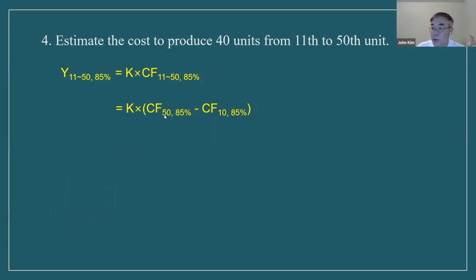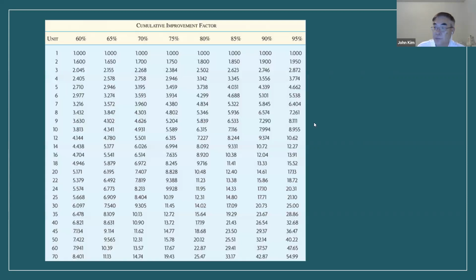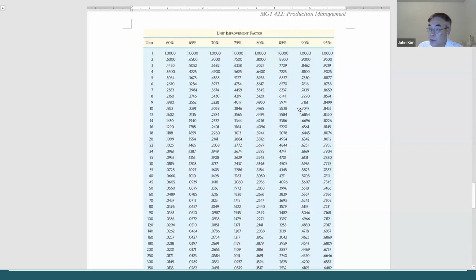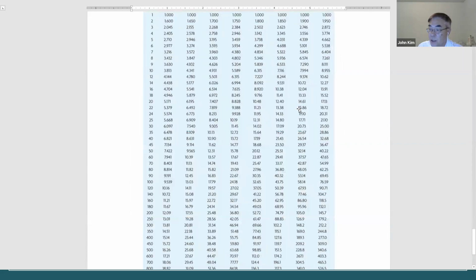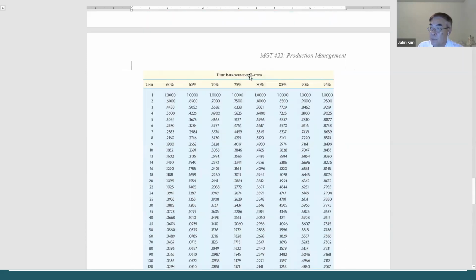Then we need cumulative factor 50 and cumulative factor 10 at 85%. So, the chart. The second chart from the lecture note. In the lecture note, there are two charts, page 5 and page 6. The first one is the unit improvement factor. When we find unit cost or time, we use the unit factor.